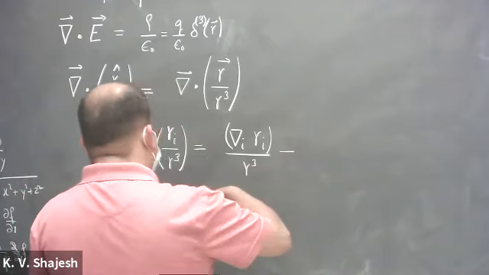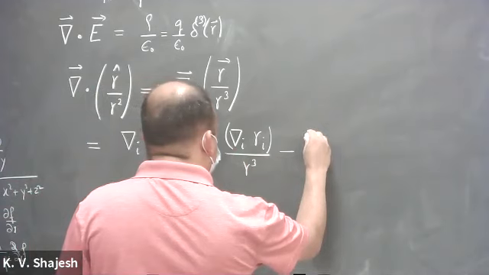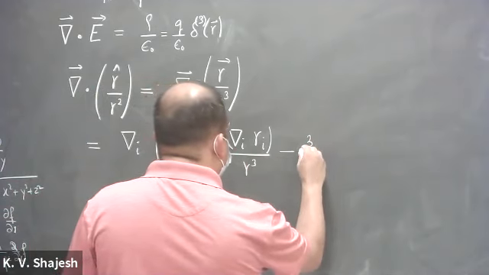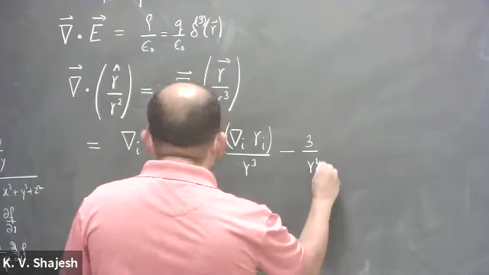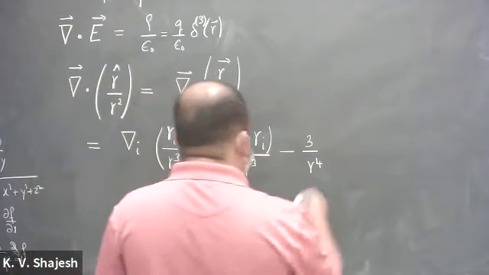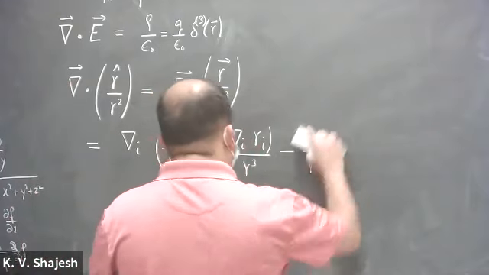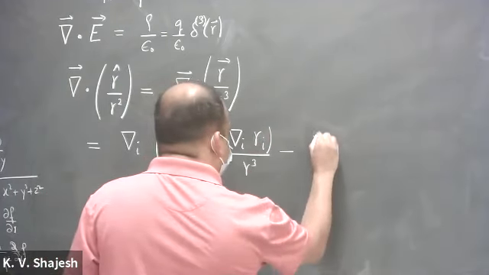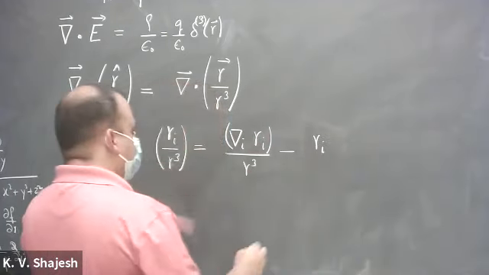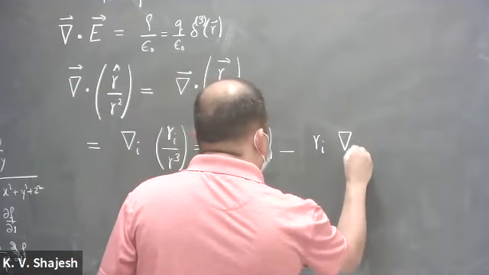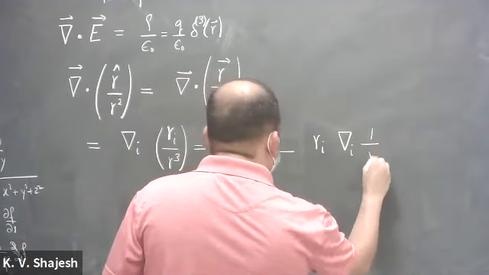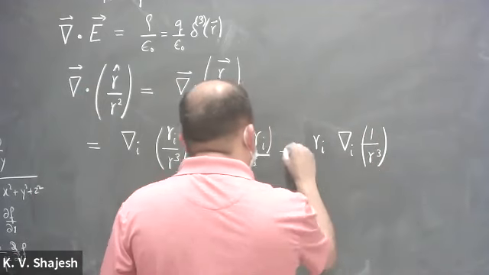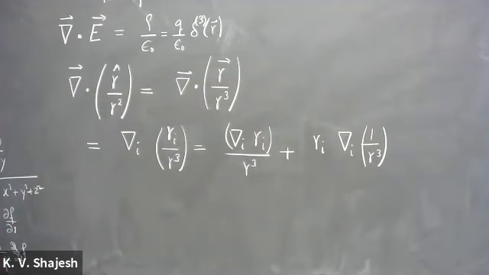So that's 3 over R raised to 4. Then I keep Ri alone. So I leave the Ri alone. And now I'm doing gradient of i 1 over R cubed. So two steps is plus 1. Is that clear?